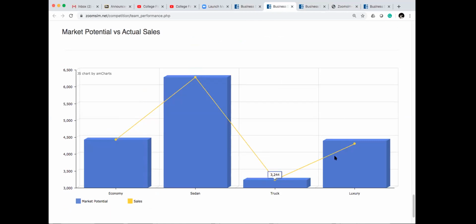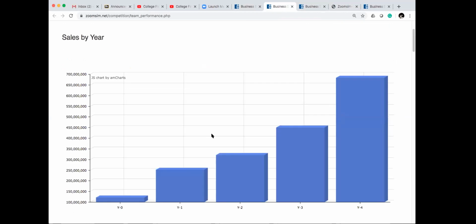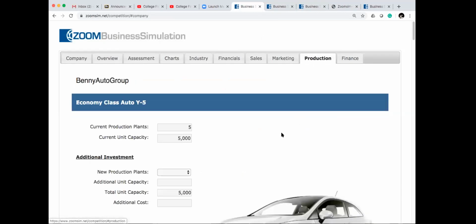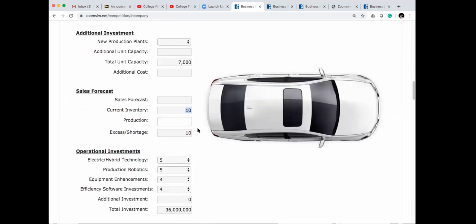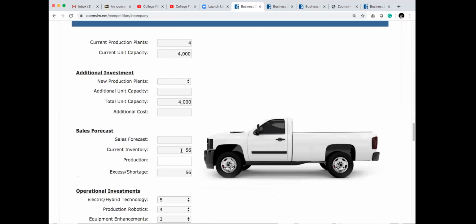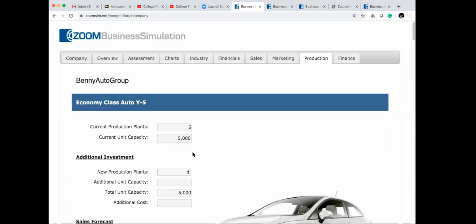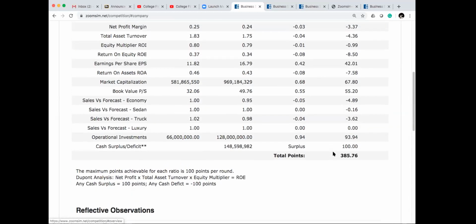And for all your cars, except for luxury, you met all of your demand. But what I suspect is you had leftover inventory. So if I go to production, yeah, you had this leftover inventory. That actually wasn't too bad. Not a lot left over. So pretty efficient.